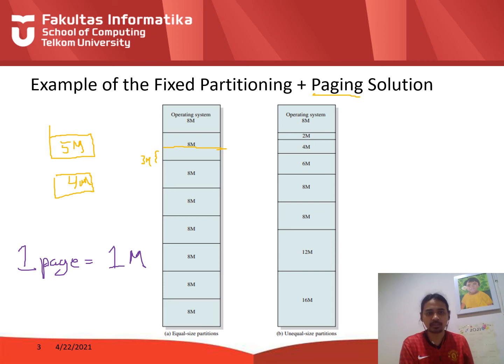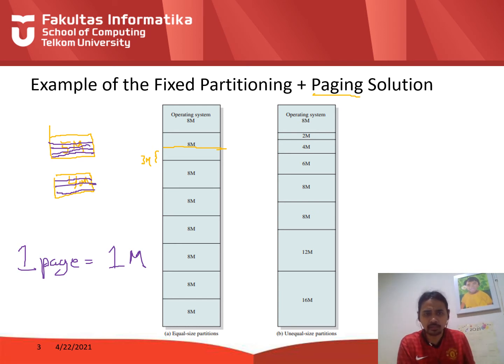So we divide it into 1, 2, 3, 4, 5. Okay, this is ugly, but just believe it's 5. And then the second process has 4: 1, 2, 3, 4. Now that it's in smaller pieces, it can fit into smaller gaps.